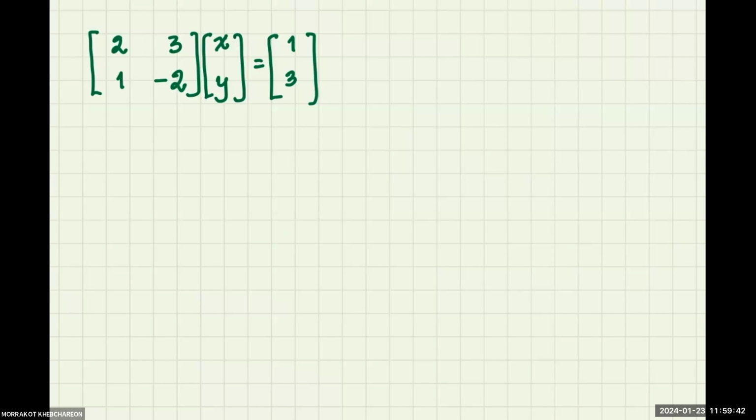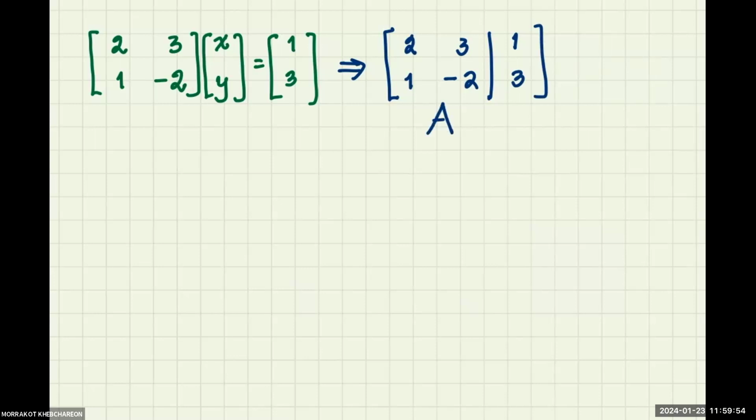I will write this as 2, 3, 1, 1, minus 2, and 3. So this is just the coefficient matrix and the right hand side vector. Okay, so we have the name for this one as augmented matrix.